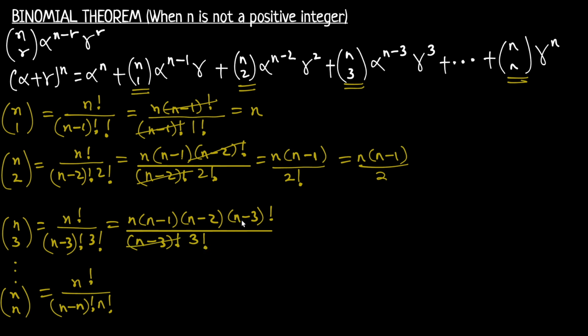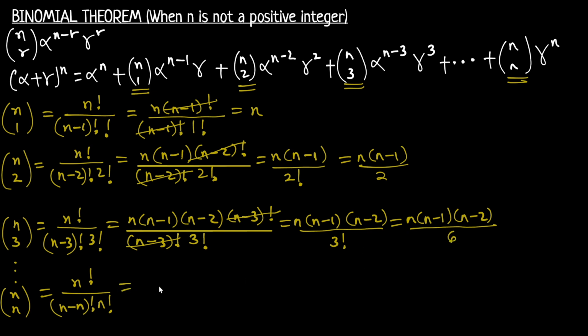Now this again divides this, and we're left with n times n minus 1 times n minus 2 divided by 3 factorial, and that is n times n minus 1 times n minus 2 divided by 3 times 2 times 1, which is 6. Now for the last one, n factorial over n minus n, which is 0, 0 factorial is 1, and we have n factorial at the bottom, so this goes to 1.